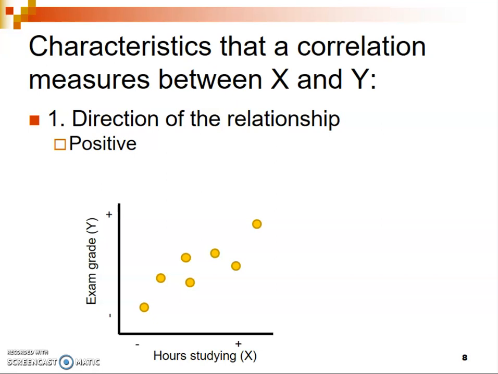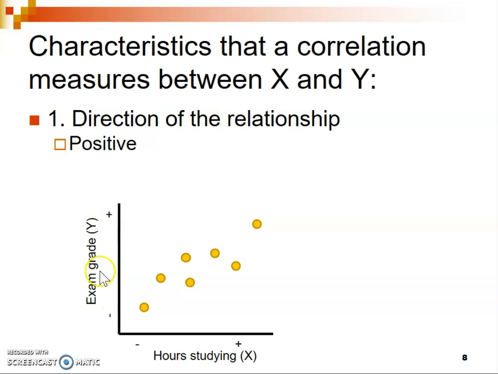In this example, we have the number of hours studying as our X variable on that horizontal axis. This is always going to be called our x-axis. Again, our correlations are looking at the relationship between two variables. One of the variables here is going to be the number of hours you spend studying. And then our y variable, the second variable, is going to be here on the y-axis.